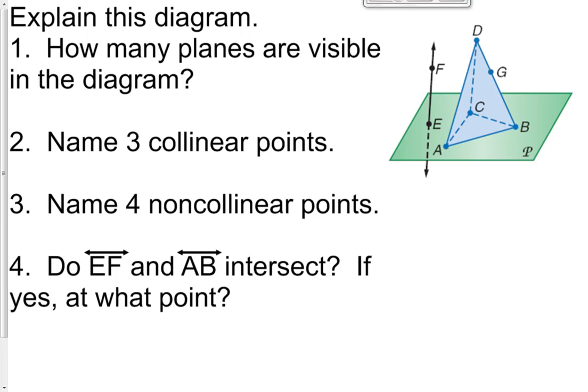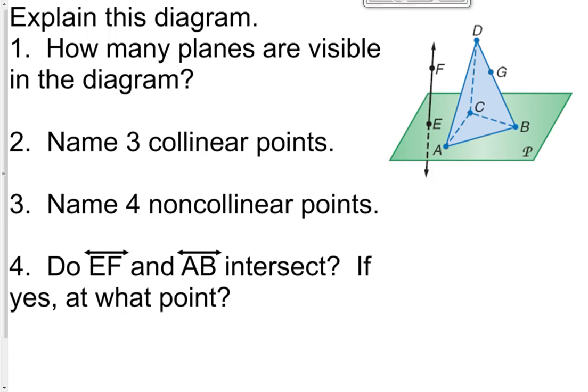So the flat surfaces, if you can kind of see this three-dimensional picture on two-dimensional paper, the front triangle is one plane, then this back triangle is two planes, and this back right triangle is three planes, and then this plane P is where this bottom triangle is on, and plane P is that exact same plane. So there's the fourth plane.